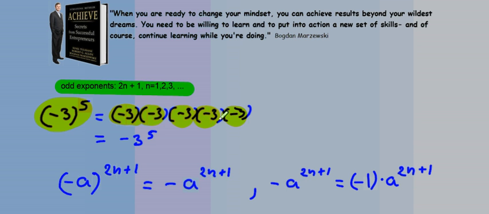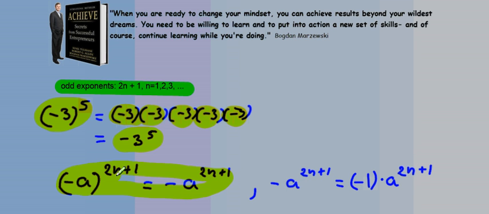So 5 times a negative number should give you a negative result, if you remember the rules of how to multiply integers. So this is why (-3) in brackets to an odd exponent is equal to -3 without brackets to the same exponent, which can be summarized in this general statement.